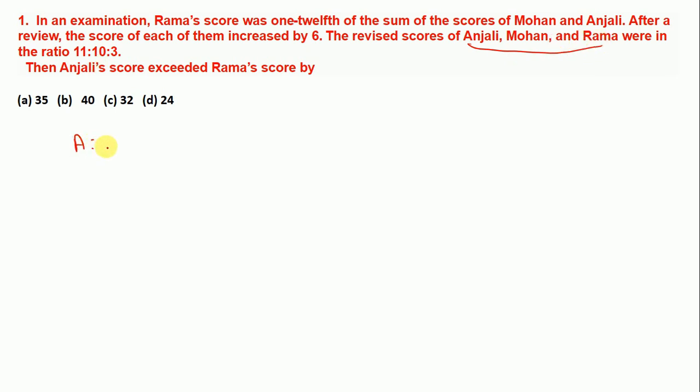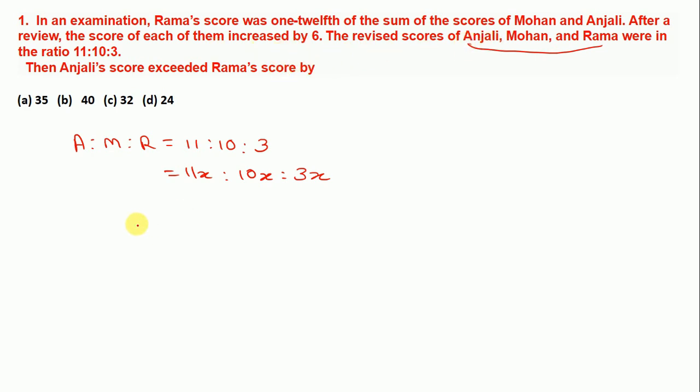Anjali, Mohan and Ram. The ratio is given, 11:10:3. So we are assuming that their marks are 11x:10x:3x. Now it is also given in the question that Ram's score was 1/12 of the sum of squares of Mohan and Anjali, but that was before the increment of 6.